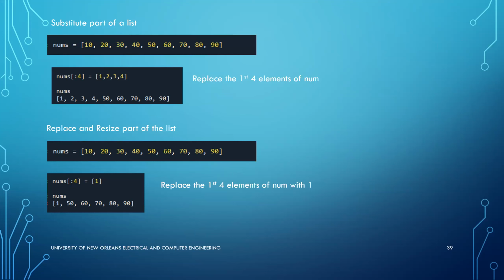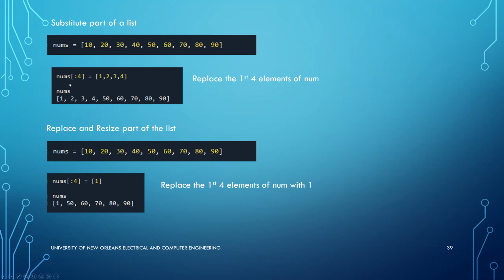So one of the things we can do is substitute part of a list. Again, we go back to our nums list here. And by running this command, I'm going to take the numbers 1 through 4, and I'm going to replace the first 4 elements of nums, okay?